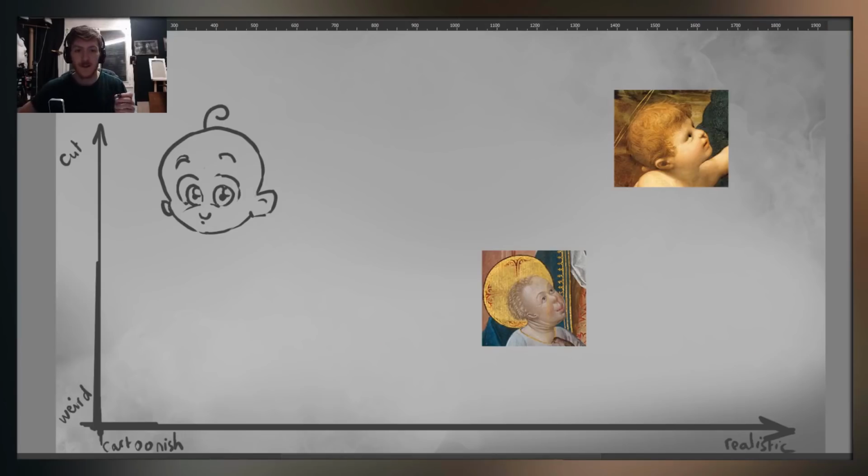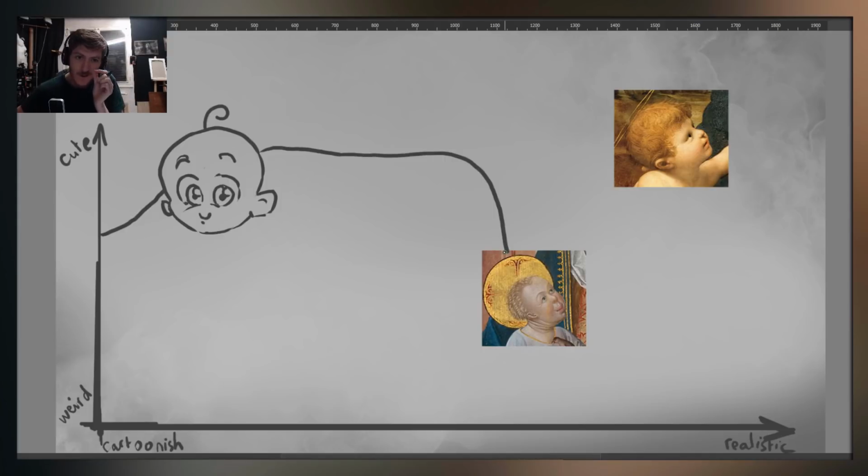Painting a baby is not always easy, and it can very easily become creepy and weird because babies are just next to the Uncanny Valley. Let me show you. The Uncanny Valley is a weird valley that happens between cute but very cartoonish, where the more cartoonish, the better. But as you go more towards realistic, at some point there's a drop because it's realistic, but not enough.